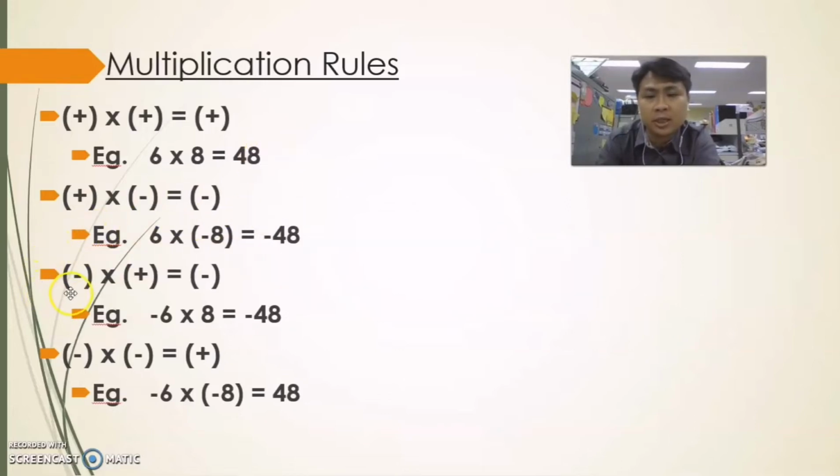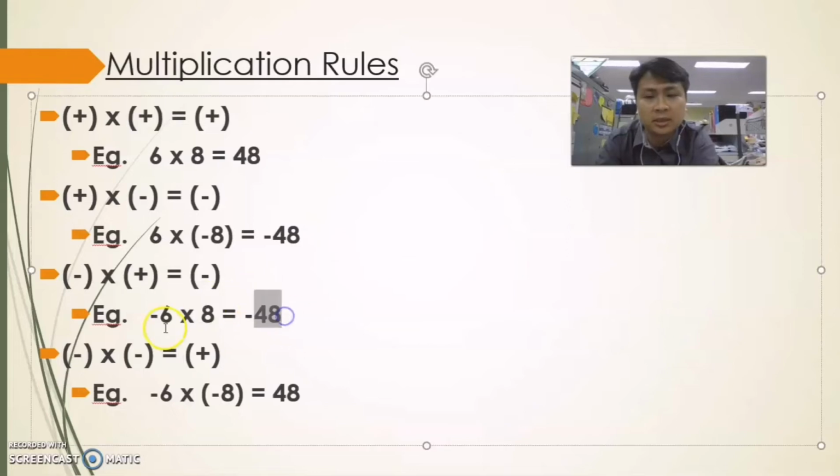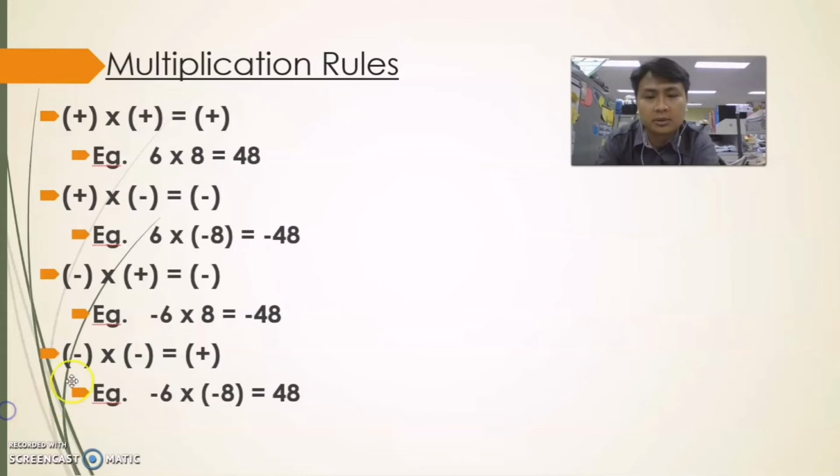The third rule is that any negative number multiplied by any positive number will give you a negative number. For example, negative 6 multiplied by 8 will give you negative 48. You can also verify this using your calculator. And the last rule: a negative number multiplied by another negative number will give you a positive number.